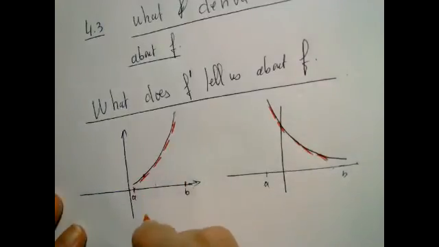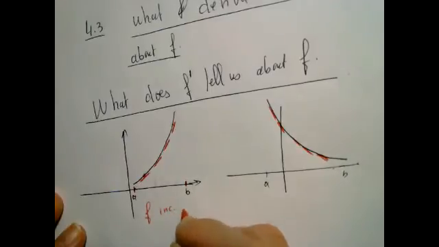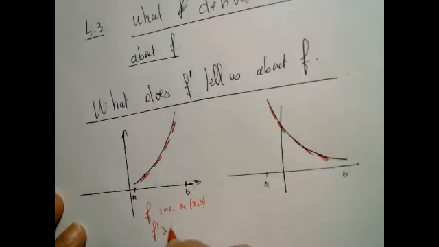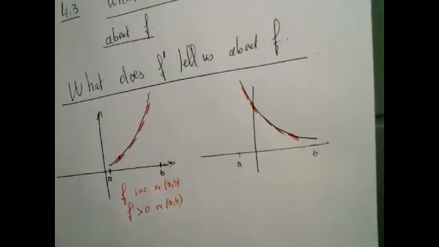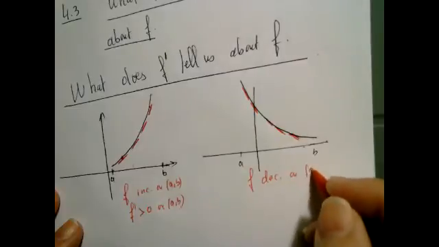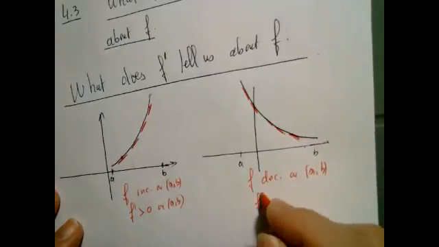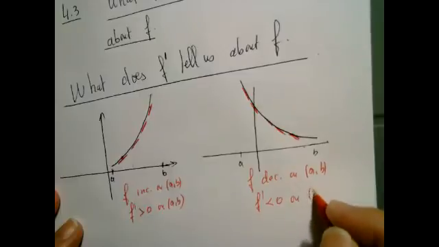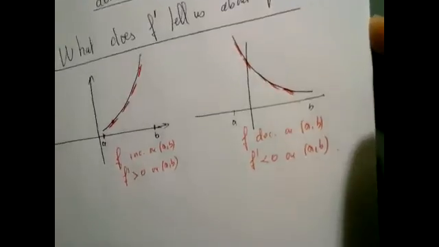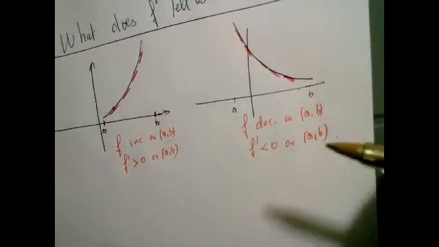So here, f increasing on the interval AB, f prime is positive on this interval. Now here, f is decreasing on an interval AB, f prime is negative on this interval. Okay, so that's one relationship between increasing and decreasing. But this relationship is actually going to help us in the following way.